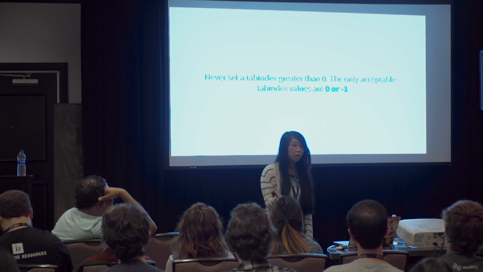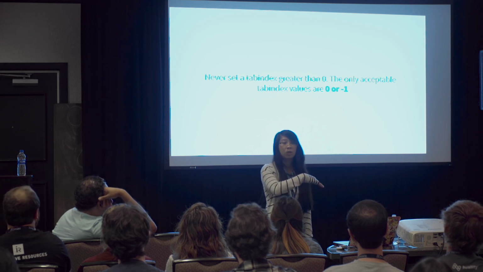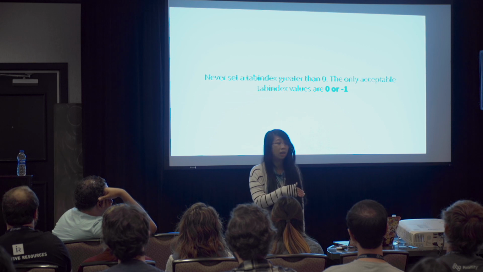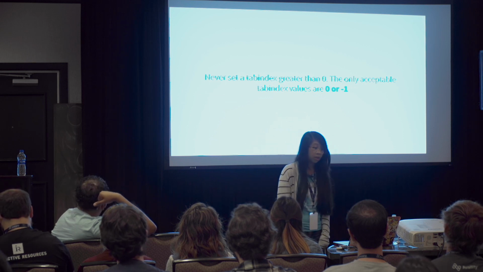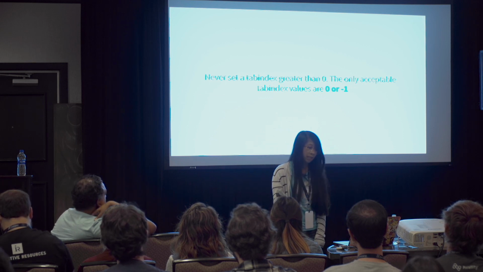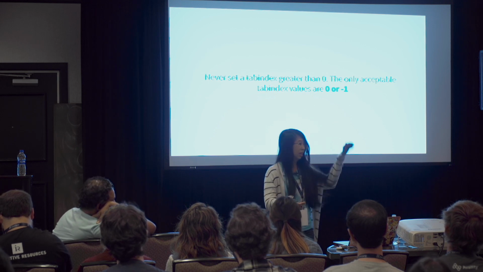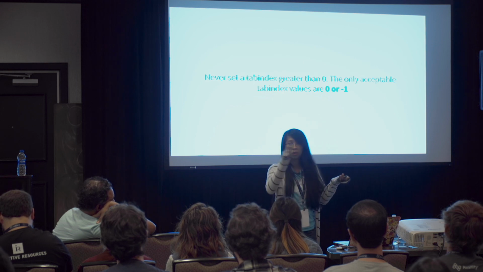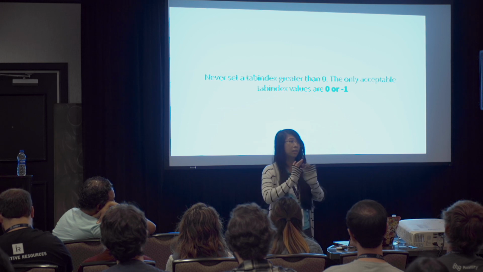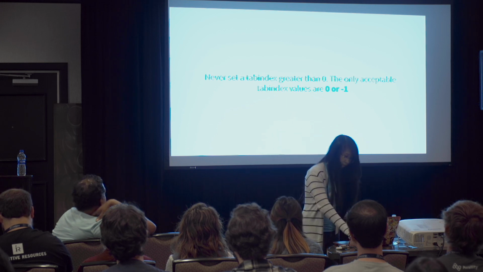If it's -1, it's going to completely take it out. So for hidden elements, you want to make sure you set the tabindex to -1. We don't want to set it anything higher than 0, because then you'll have to reorder everything on the page, if that makes sense, because it'll go 0, 1, 2, 3, 4, 5, and then if you add something else, you'd have to renumber everything. So don't do that. It's a headache.